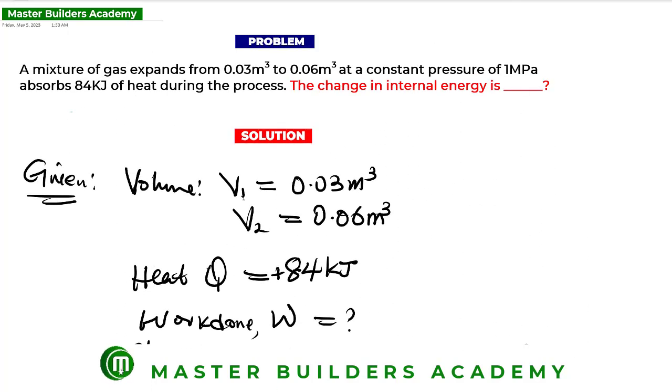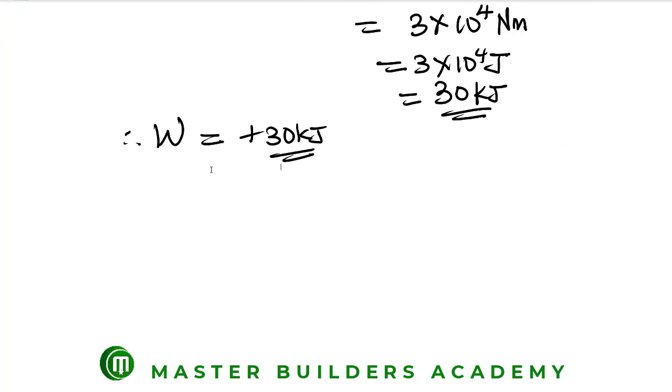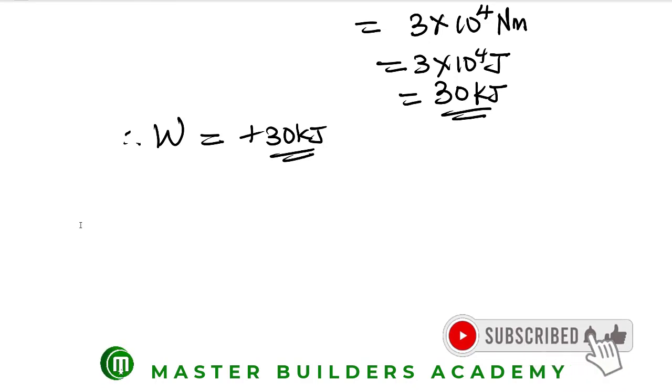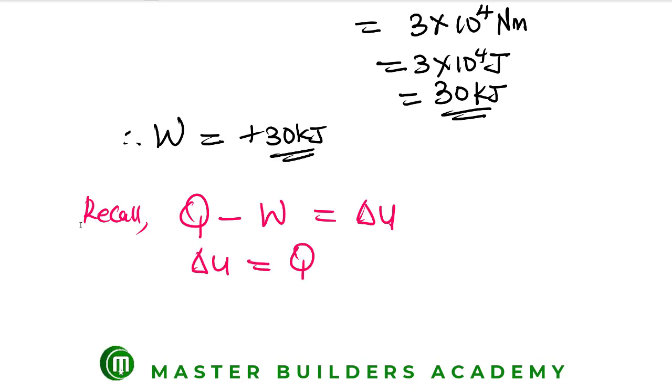So if this is done, all we need to do now is recall our first law of thermodynamics. Now we recall that Q minus W is equal to change in internal energy, or change in internal energy is equal to Q minus W. We were given Q to be 84 kilojoule, and we just calculated the work done as 30 kilojoule.